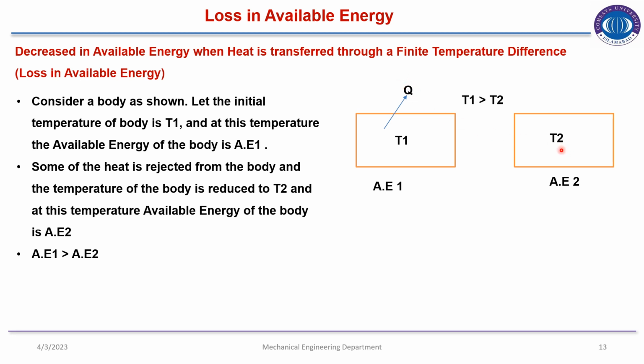Now the temperature of the body is 80 degrees centigrade, and at this temperature T2 the available energy of the body is AE2. So AE1 is greater than AE2 because T1 is greater than T2.